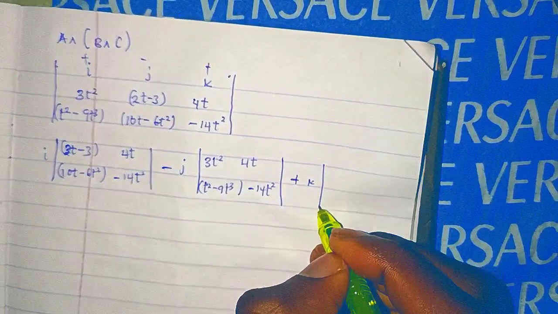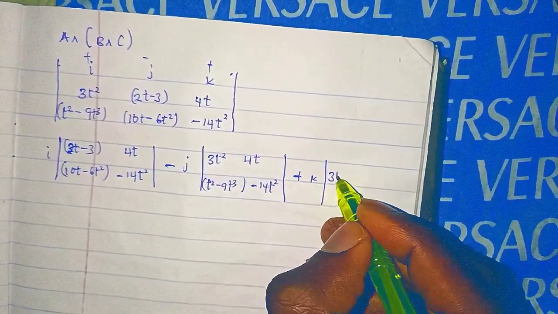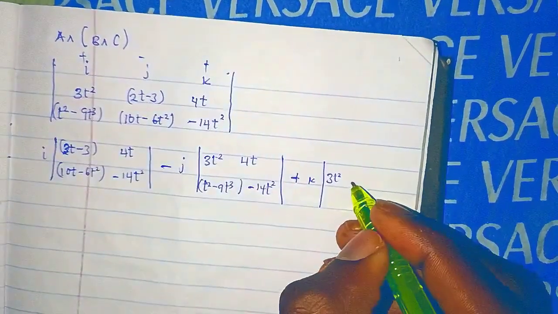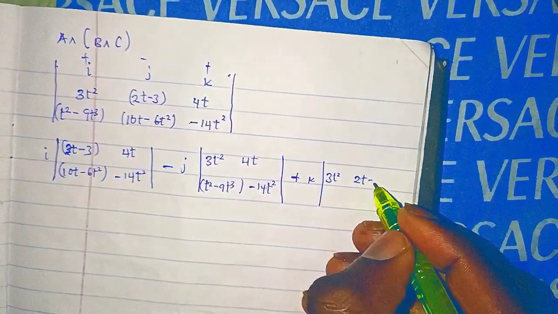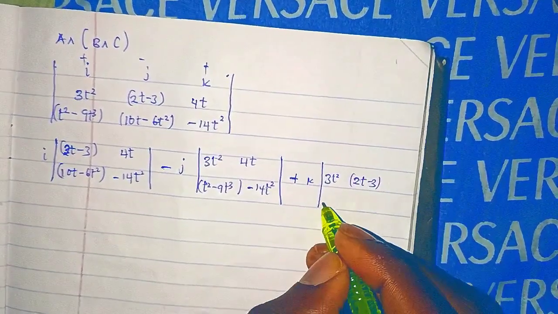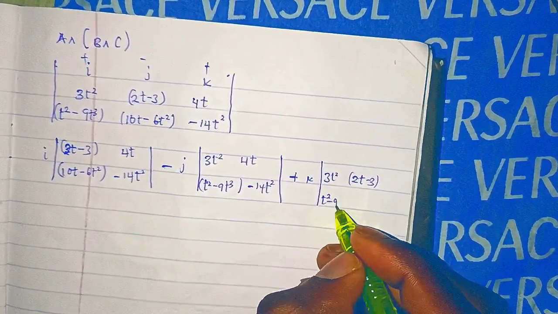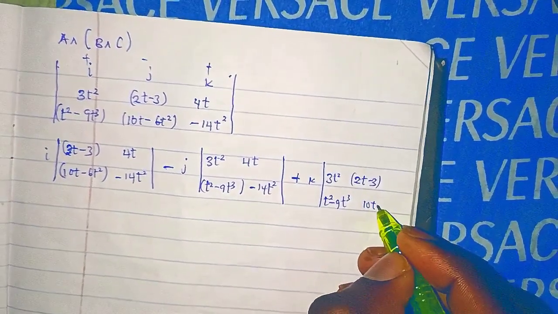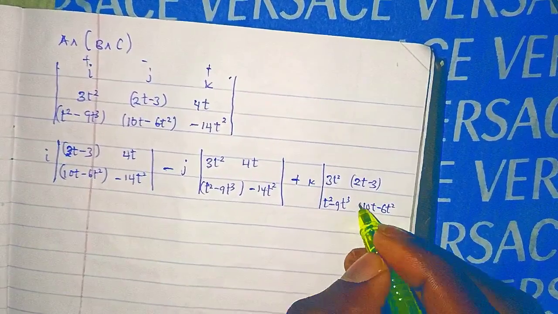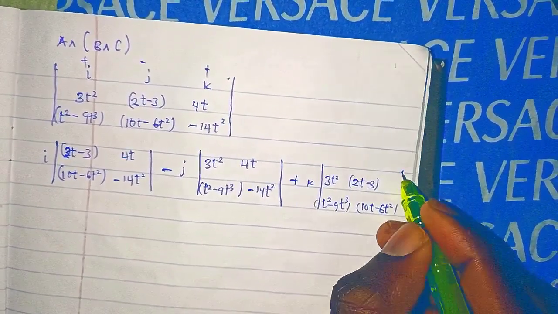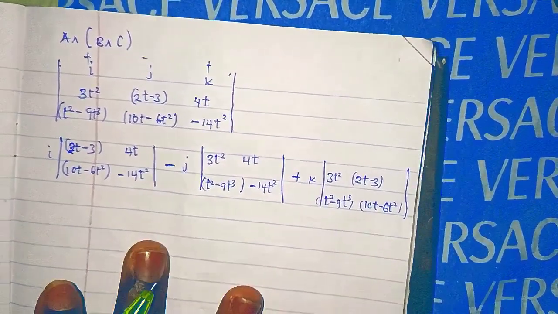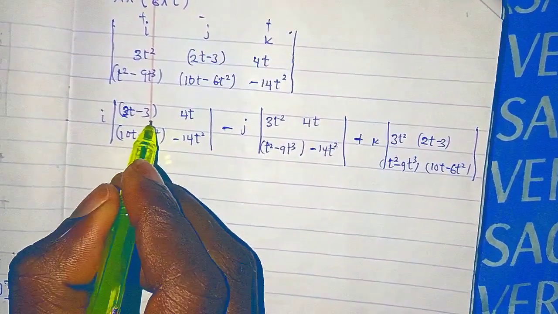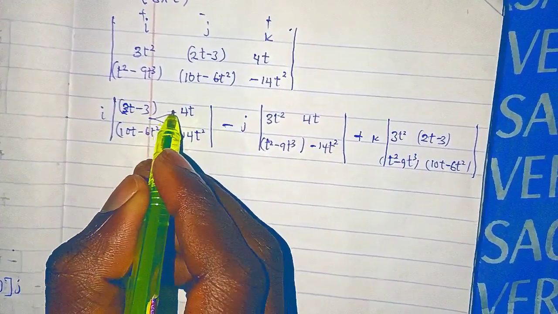Okay, what do we have? We have 3t squared. So we'll pick these two, this and this. We have 2t minus 3. This is 3. This is t squared minus 9t cubed, and this is 10t minus 6t squared. Alright, so we're going to be finding the individual determinants. Recall I said to find the determinant for I component, the product of this minus the product of this.